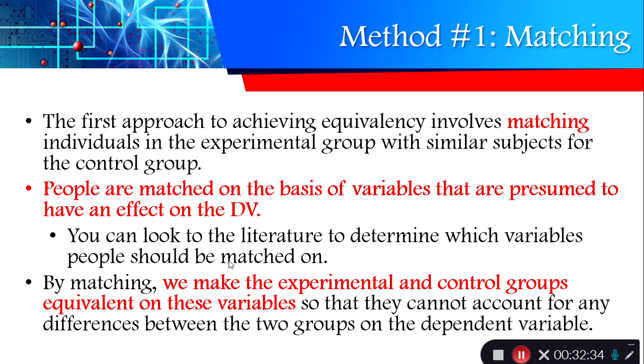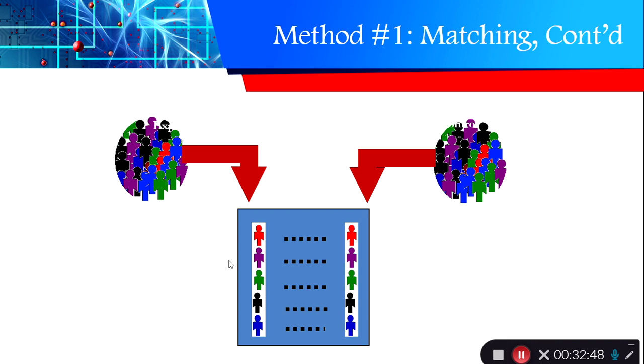So things like age, socioeconomic status, marital status, anything that we think will influence the outcome of the intervention, we should consider matching our clients on. So this is essentially how we would go about it. This is a visual here. We have the individuals in our experimental group and the individuals in our control group, and we try to match them as much as possible on their respective demographic characteristics.